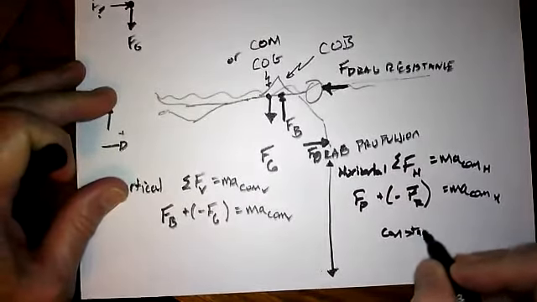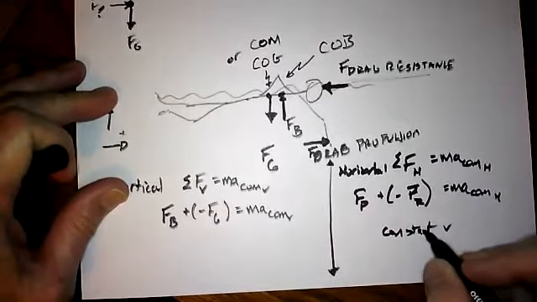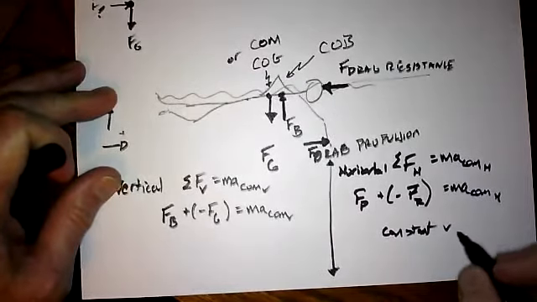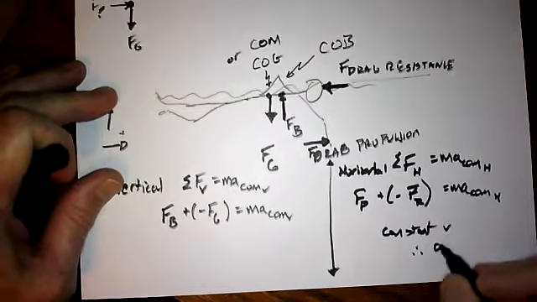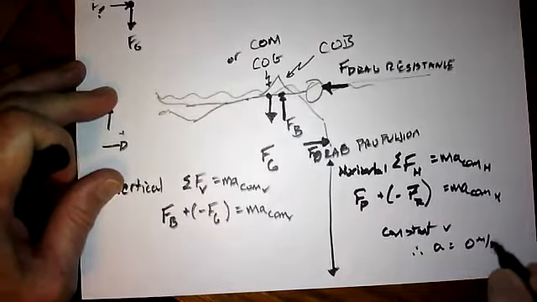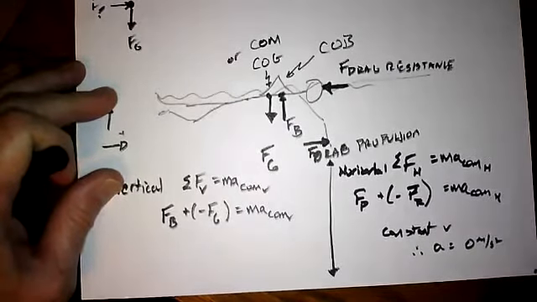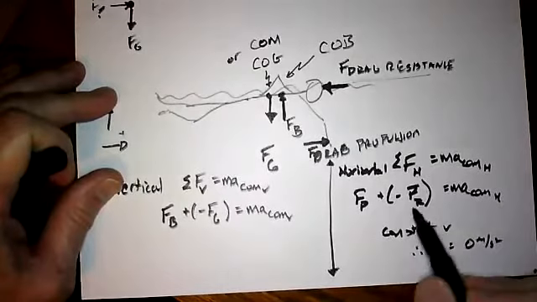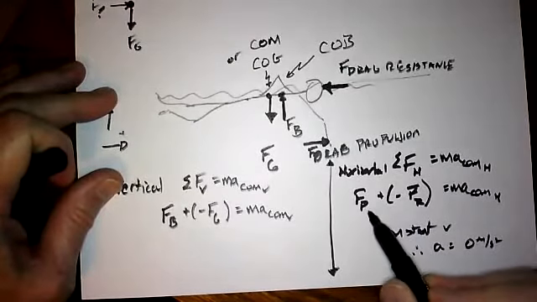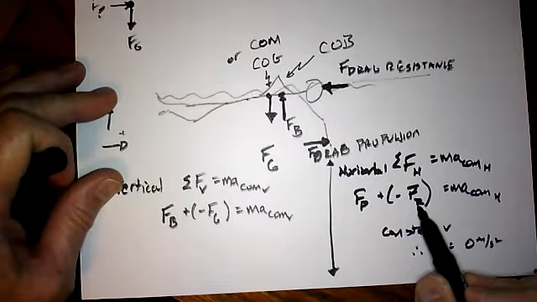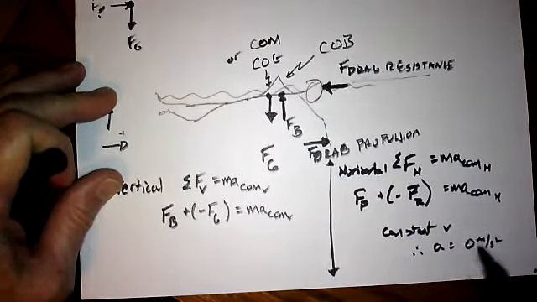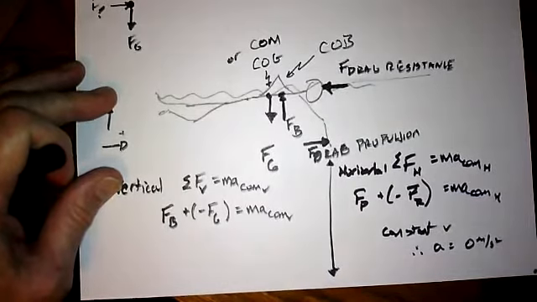So what we do in our experiment is we have the person swim with constant velocity. We can actually measure the velocity too, but we have them try to swim with nearly constant velocity, and therefore a is 0 meters per second squared. That wipes this part out. And then our drag propulsion is equal to the drag resistance magnitude force. They're just in opposite directions, Newton's third law.